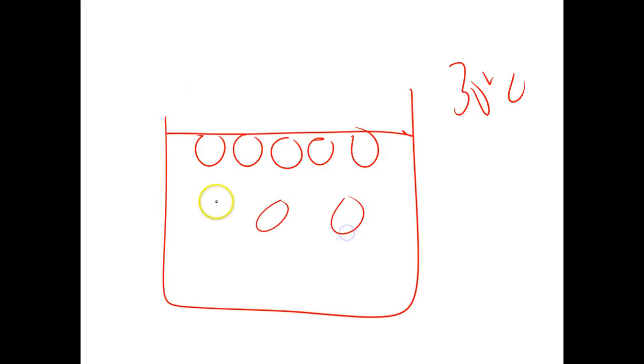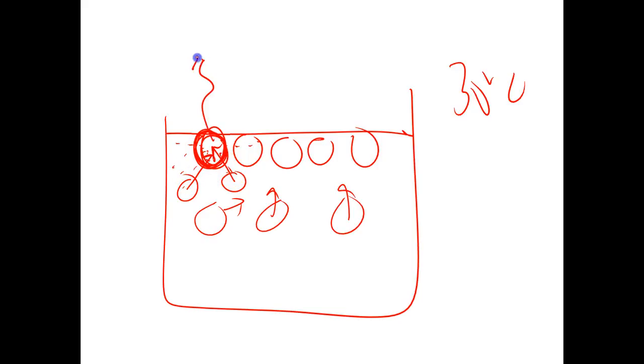Why? Remember, particles are always moving about. Let's say this particle moves and strikes this particle on the surface, so the surface particle gains energy. Another particle moves and strikes it again, and it gains more energy. Eventually this particle will gain enough energy to overcome the forces of attraction between itself and the other particles, and it will escape into the air, into the atmosphere.